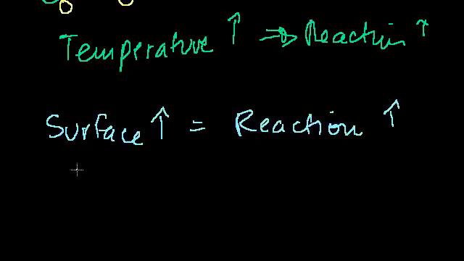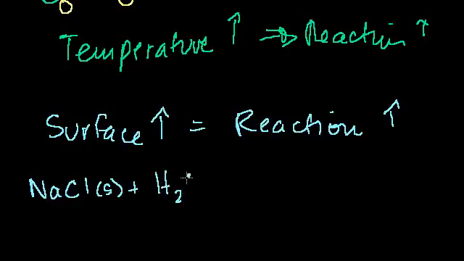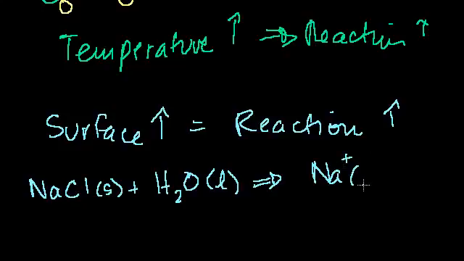And how do you think about that? Well, think about the reaction of, we've done this multiple times, sodium chloride, solid salt, plus liquid water leads to, well, we could think of it a lot of different ways, but we could think of it as sodium cations aqueous plus chloride anions aqueous.